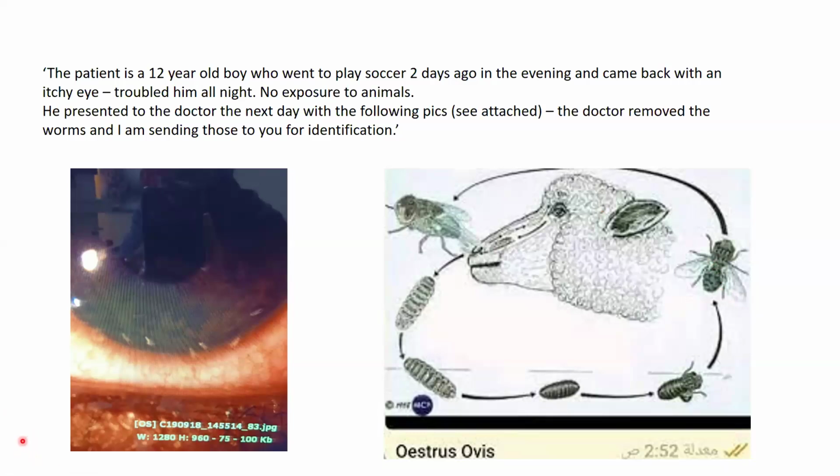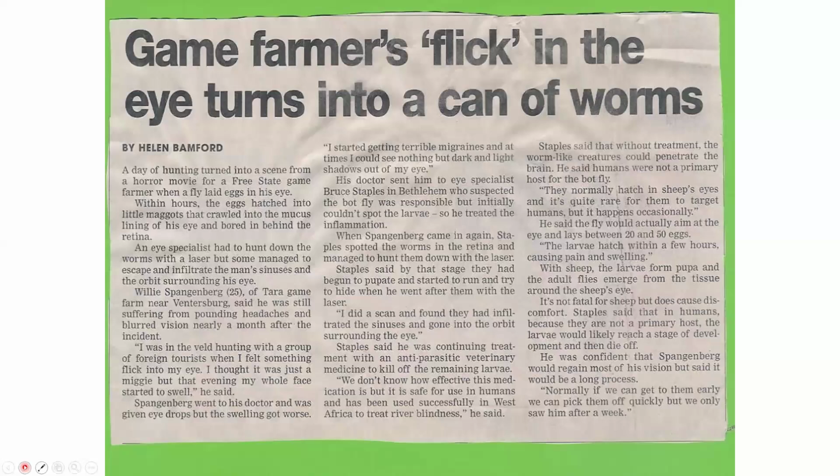So that's Estrus ovis, and we've had a number of these cases sent to us for identification over the years. And sometimes these stories get into the press.